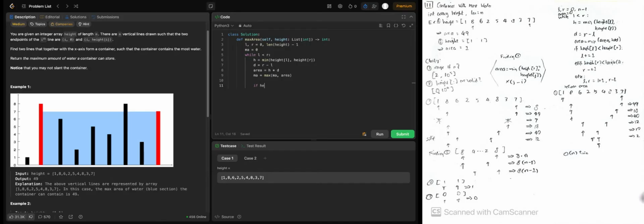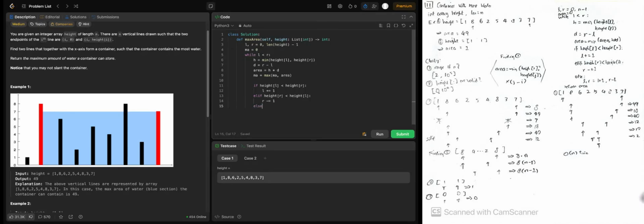Then we check whether the height of left is less than the height of the right side, and move left plus 1. And if height right is less than height of the left one, we move right minus 1.